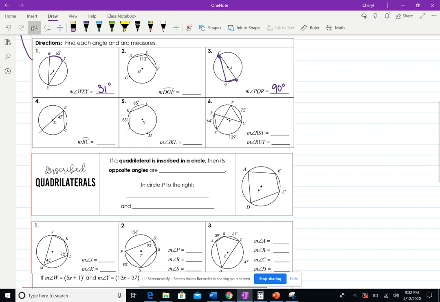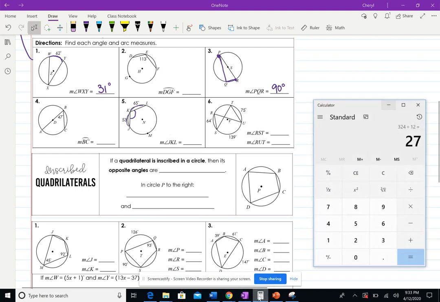So number 5, they're asking for angle JKL. We know that a whole entire circle is 360, so we are going to subtract the arc 53 and the arc 65 from 360 to find the measure of the arc. Well, we're going to have to cut it in half, but let's get to this point first.